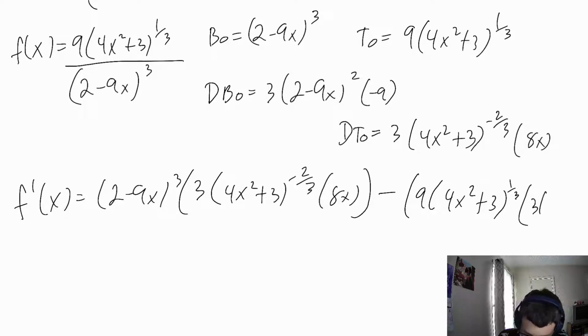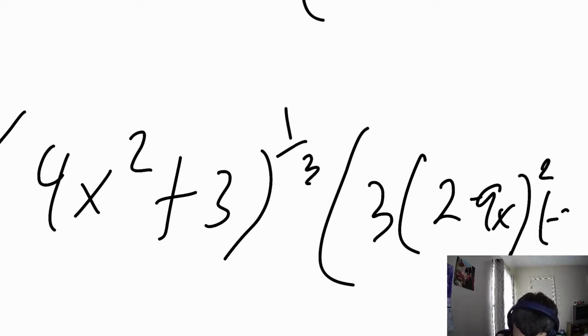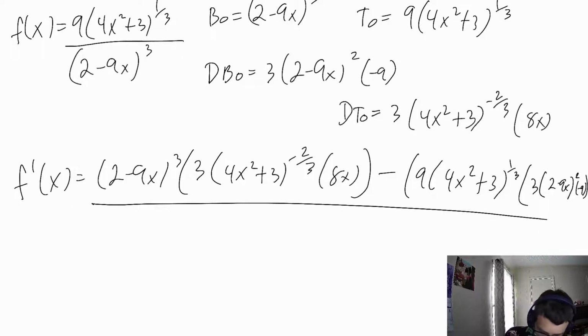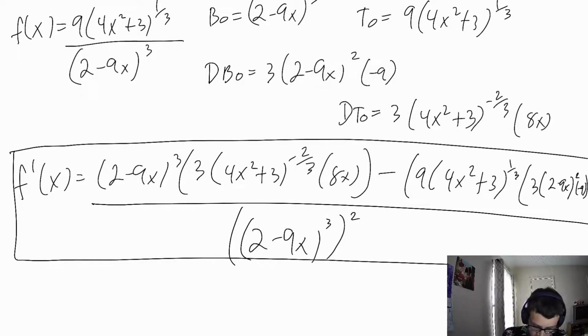It's all fun and games till I run out of room. We'll squeeze in our minus 9 right there. Look at that. All over the bottom squared. So all over 2 minus 9x cubed squared. So there's that one.